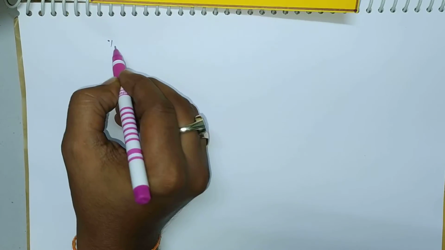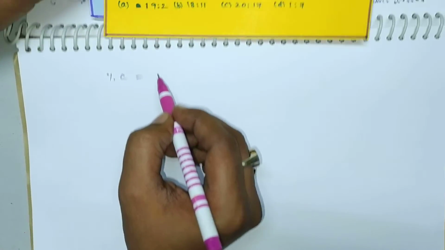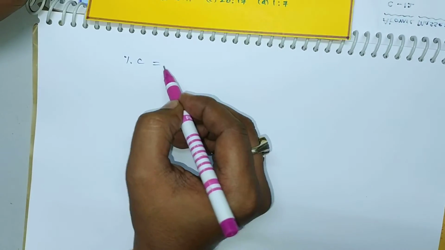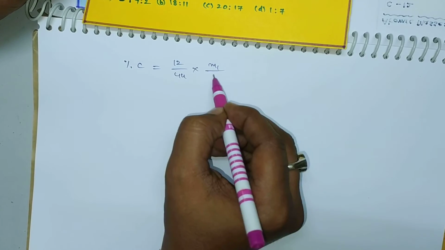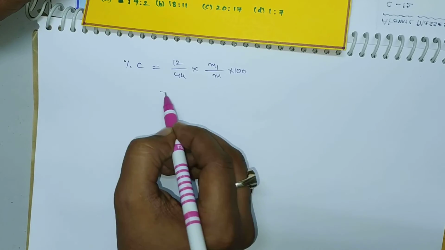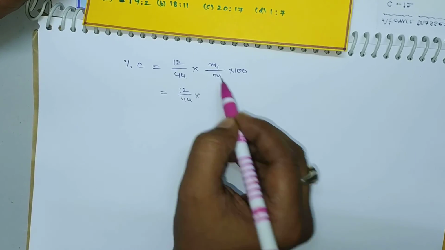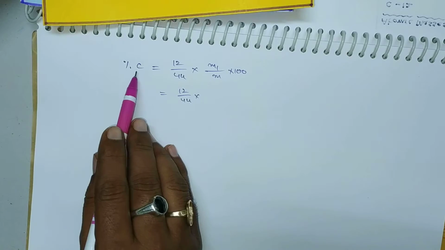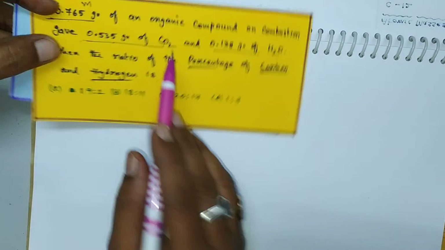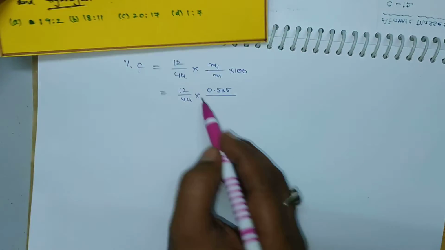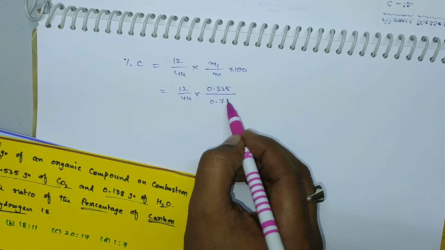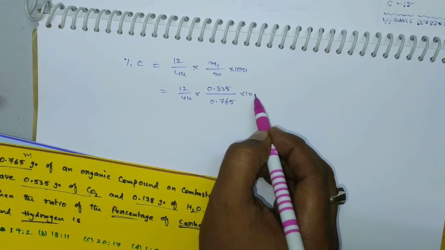So here, the first one is asking for the percentage of carbon. Percentage of carbon is equal to 12 by 44 into m1 by m into 100. Here m1 means, since we are considering carbon, we have to take the carbon dioxide weight, that is 0.535, divided by m, which is 0.765 grams, into 100.